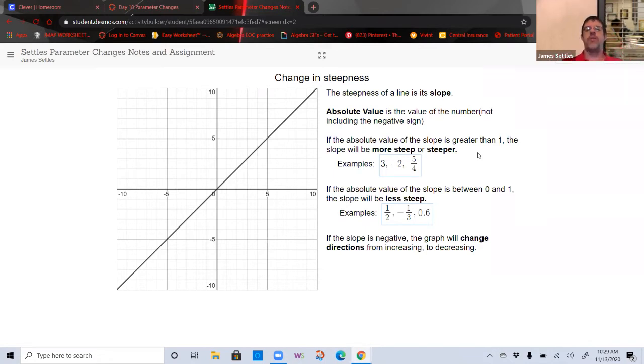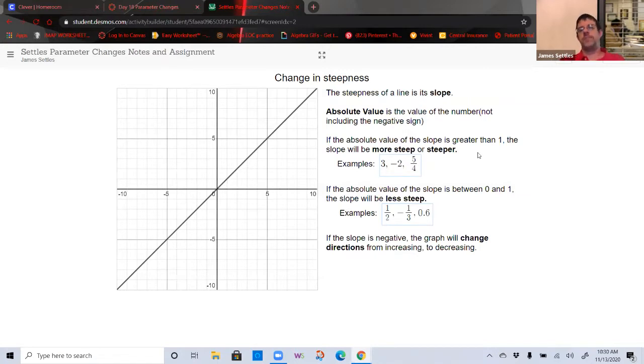We just want to know the number itself. If the number is bigger than 1, then it's more steep or it's steeper. So you can see some examples. 3 is bigger than 1, so it's steeper. On -2, we don't care about the negative. The number 2 is bigger than 1, so it's steeper. So absolute value means that we don't care about the positive or negative. We're just focusing in on the number.